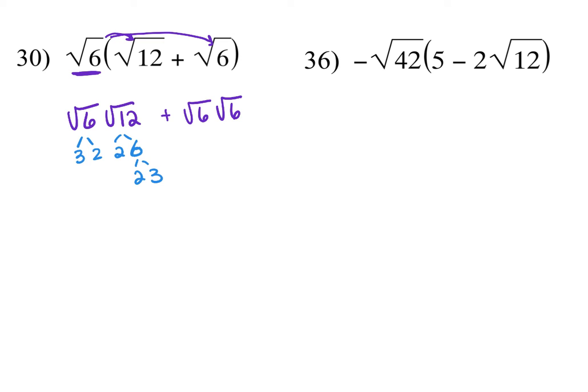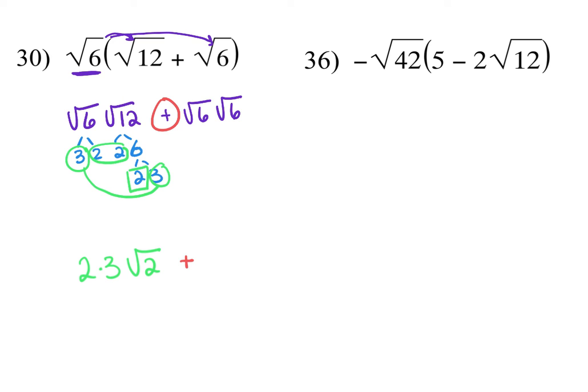So we're going to do that. And then we're going to group them, right? We have a group here. So we have a 2 that comes out. We have a 3 and a 3, so we have a 3 that comes out. And then we have a 2 that stays in for that one. Okay? Don't forget that you do have a plus sign here. So we do have to put our plus sign before we move on to the next group.